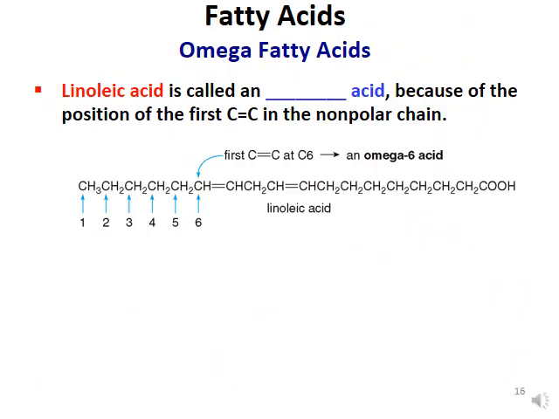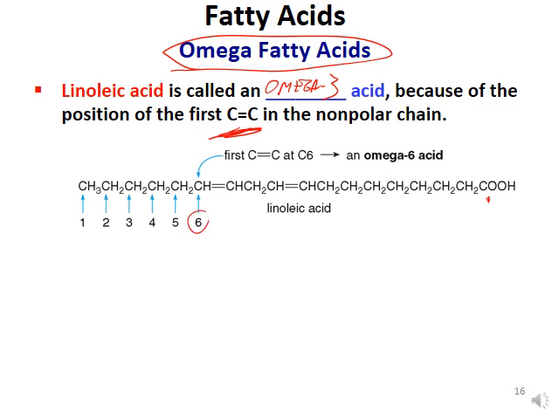Okay, omega fatty acids. You may have heard of these. Linoleic acid is called an omega-6 acid because of the position of the first carbon-carbon double bond in that long nonpolar chain. And we actually number not from the carbonyl-carbon, but from the other side, from the chain side.